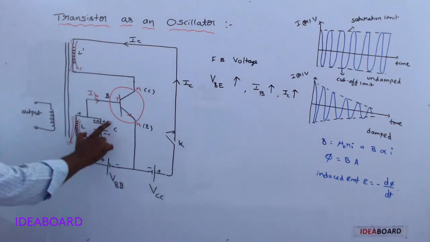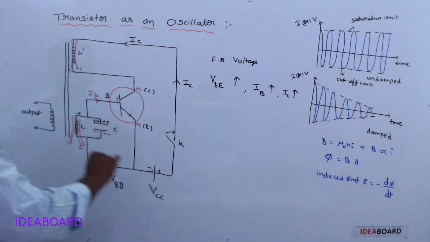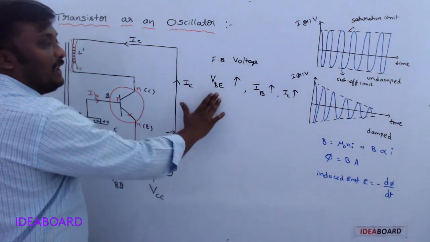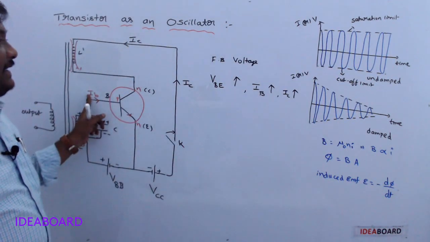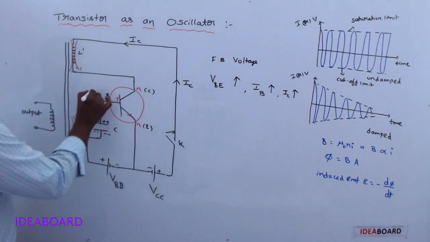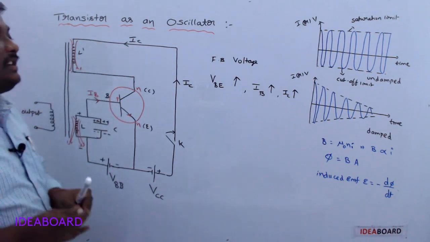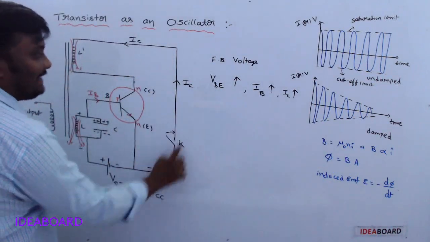One more time. The positive potential of the capacitor increases the forward bias voltage VBE. When VBE increases, IB increases. When IB increases, a larger variation occurs in the collector current IC. So IC increases.